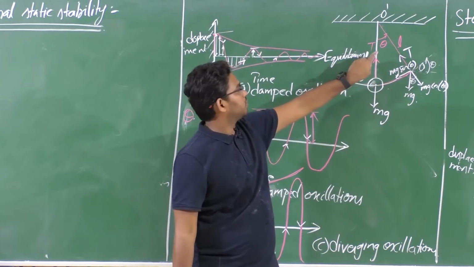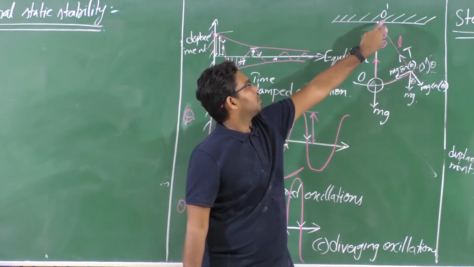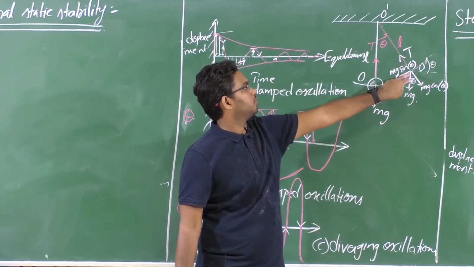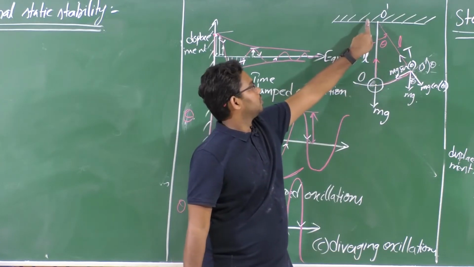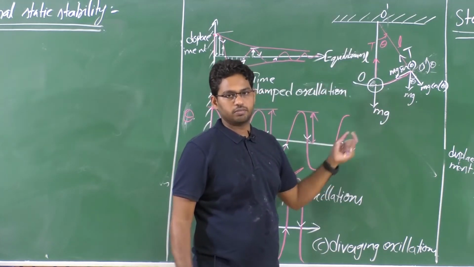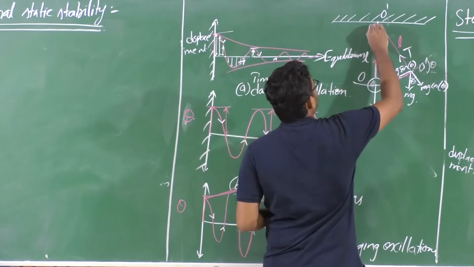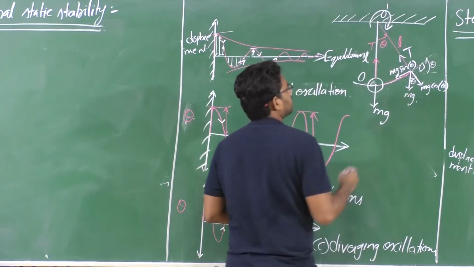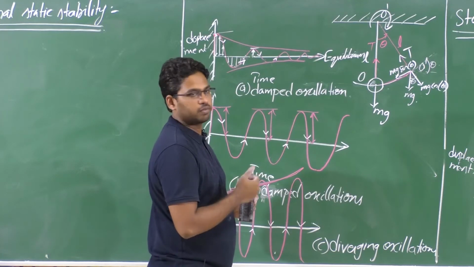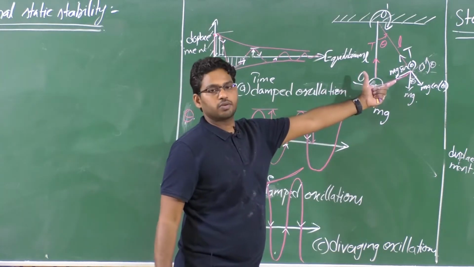So this force multiplied by this moment arm is what is rotating this pendulum back to its equilibrium, right? So there is a moment that is helping this pendulum to come back towards this equilibrium. We call this moment the restoring moment.